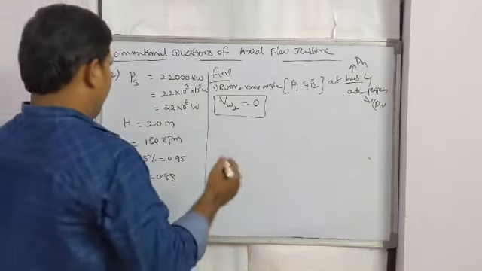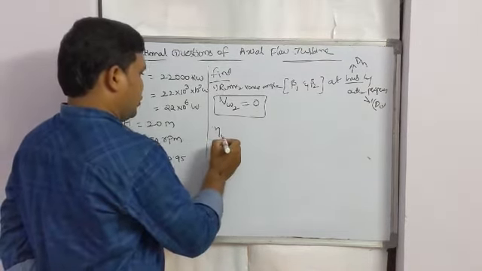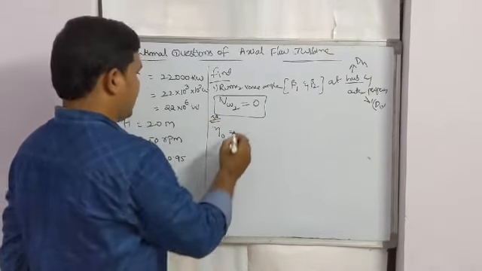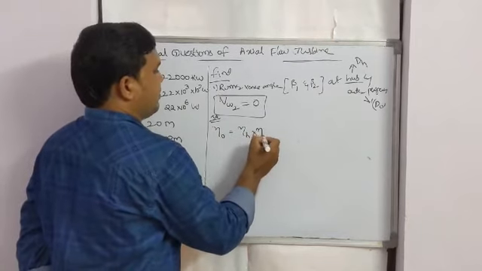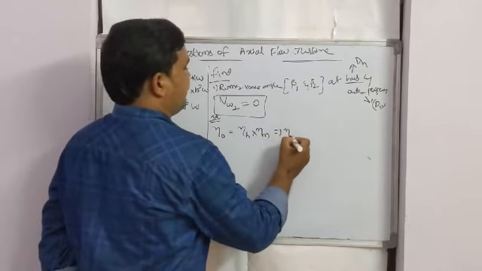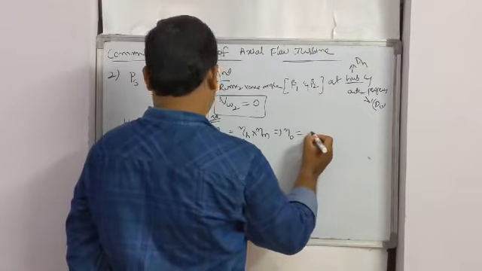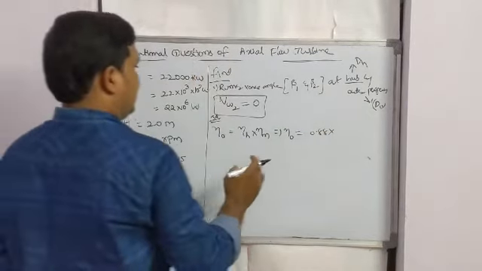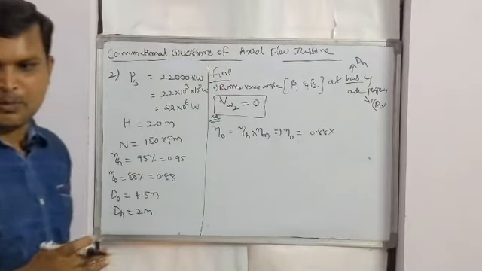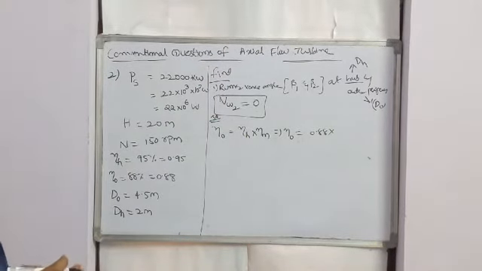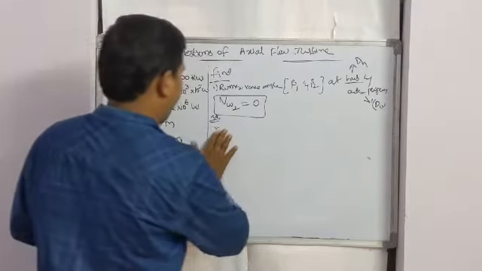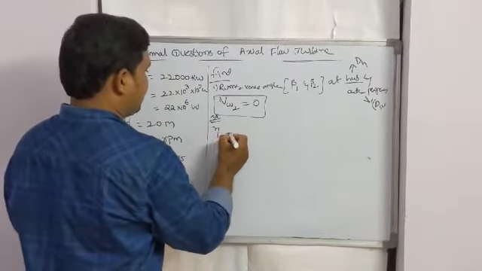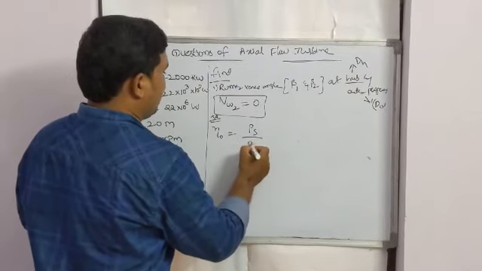From the given data, I will find out first Q and then VF. Overall efficiency is equal to hydraulic efficiency into mechanical efficiency. Overall efficiency is also equal to shaft power by water power.